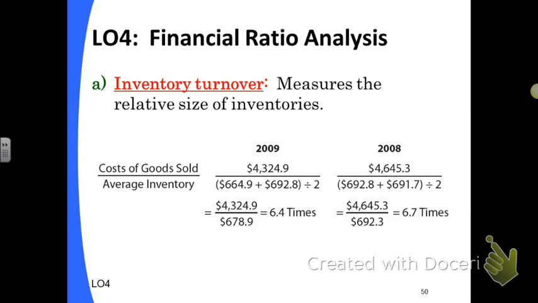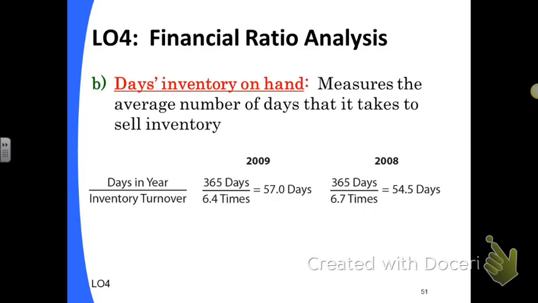And that would make sense if we flip back to the previous page for just a minute. If we turned over our inventory a little bit slower this year, that would reflect in us having our inventory on hand for more days during a year.